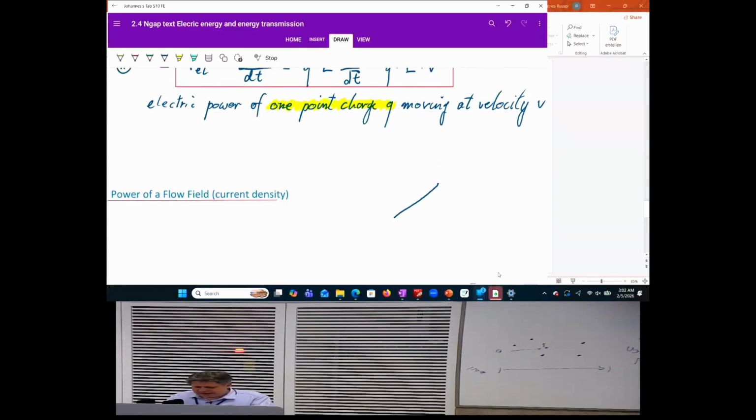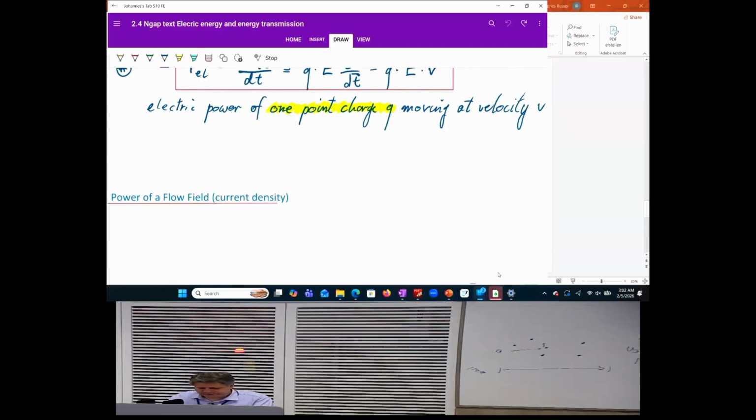So we make a transfer here to what we have introduced earlier, and that would be that our current density, the ampere per square meter, so per area, is the particle density n times the particular charge of these particles, and here the velocity.